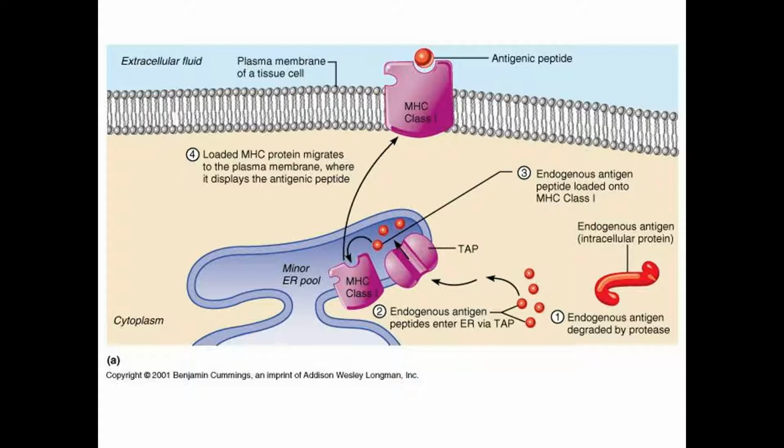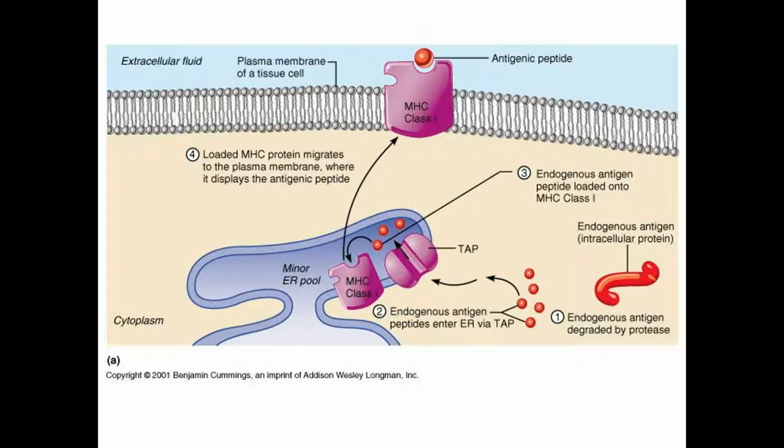Alright, so this figure is giving you a little bit more detailed description of what's going on when these antigens are processed. Here, your MHC class 1, you're dealing with endogenous antigens. So you have your endogenous antigen that's degraded. Let's say it's a protein. You have a protease that cleaves that protein into individual peptides, short sequences of amino acids.